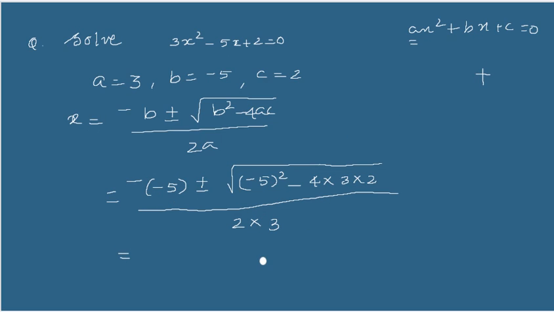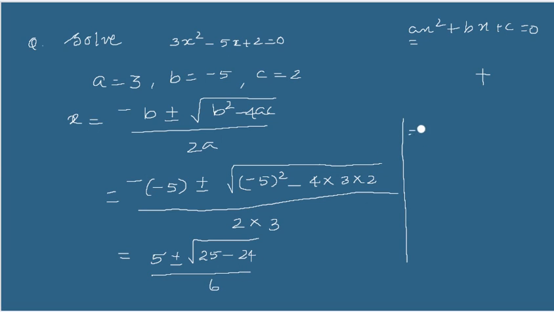It is plus. So it is plus 5 plus or minus root of, let us simplify, negative 5 into negative 5, which is positive 25, minus 3 2s are 6, 6 4s are 24, divided by 2 3s are 6.